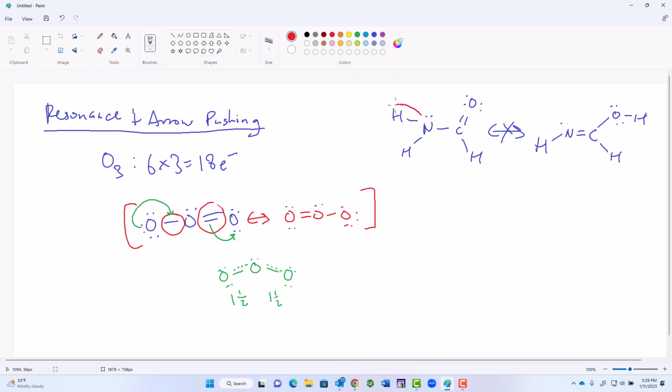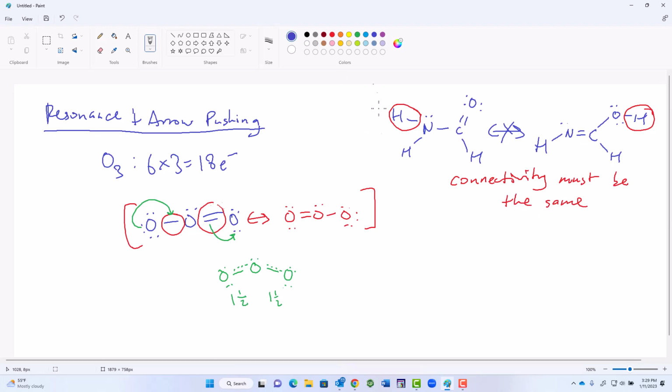So we've gone from this H being here to this H being here. We don't consider these resonance structures because the connectivity is not the same. The connectivity must be the same to have two equivalent resonance structures.